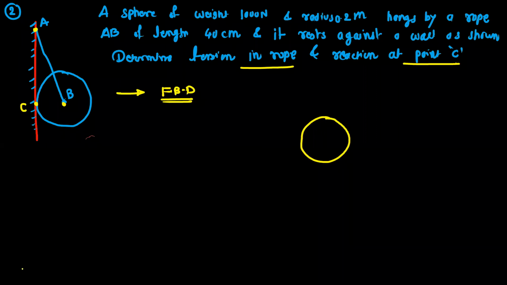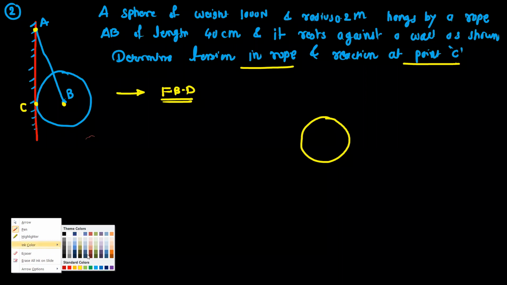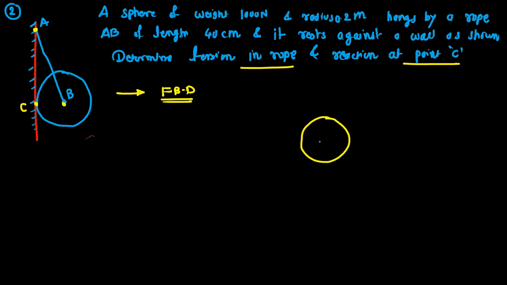Okay. Now show the forces on the sphere. So the first force will be its own weight. Okay. So it is given in the problem. So this is 1000 Newton. Okay. So weight always acts in the y direction.